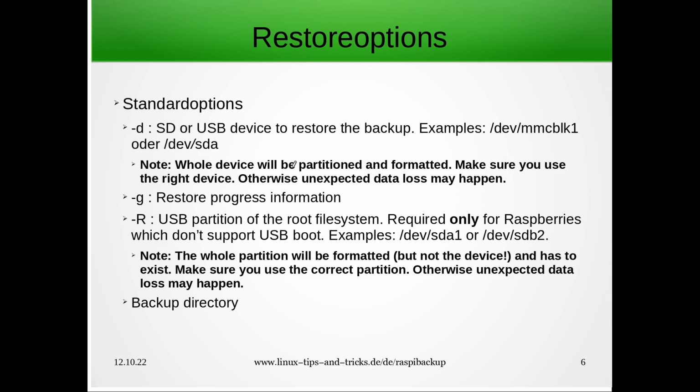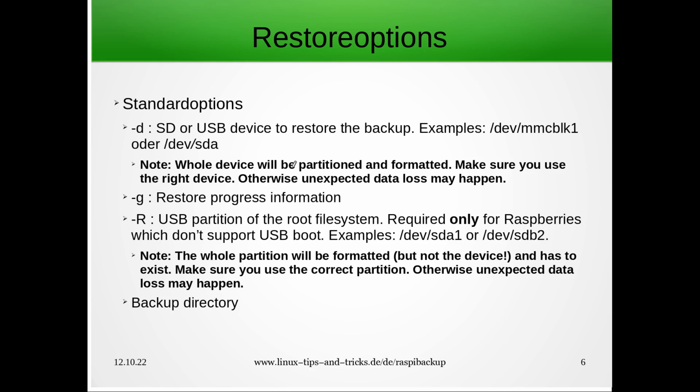And whenever you still use an old Raspberry which is not able to use USB boot, you have to provide the SD card in option -d and the USB disk or SSD partition to restore the root file system with -r.